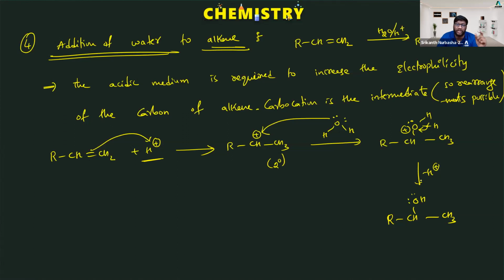Whatever acid you consider, that acid can be taken in the catalytic amount, not in the stoichiometric amount. If I am adding water to the alkene, then water and alkene have to be taken in stoichiometric quantities to obtain the respective alcohol. But the acid is not required in the stoichiometric amount, because it is released back after every molecule has reacted.